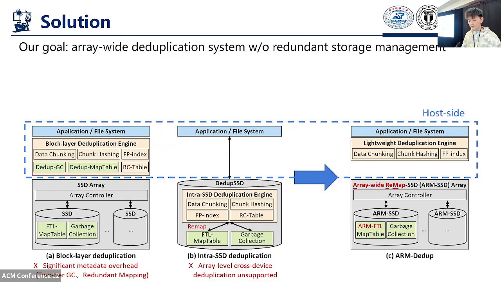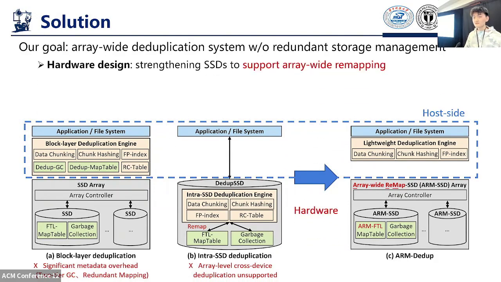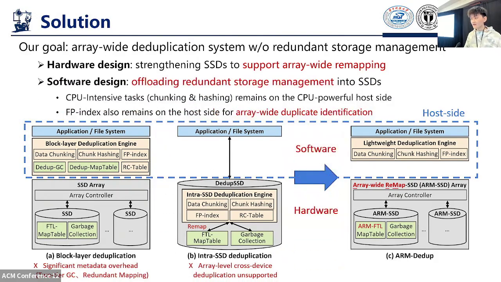Our goal is to enable the offloading of array-wide DDAP storage management to the multiple SSDs in the array. In the hardware, we strengthen the SSD's storage management ability for supporting array-wide remapping. In the software, we design a lightweight DDAP engine on the host, which keeps the fingerprint index, while the storage management is decoupled and offloaded into the SSD array.